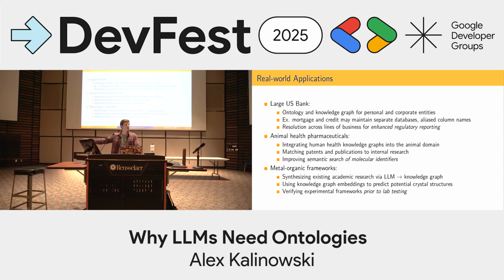So mortgage may have a transactional database where they're aliasing these column names, and credit may have their own transactional database, and they may call those columns something different. So if we had to aggregate all of that information and run some query across the entire bank, that would be a mess if you wrote that SQL code.